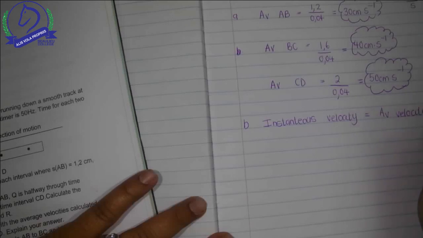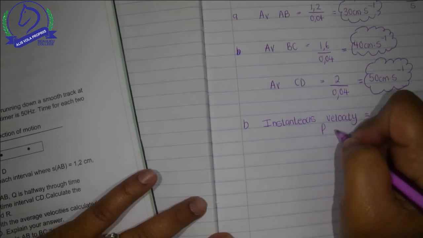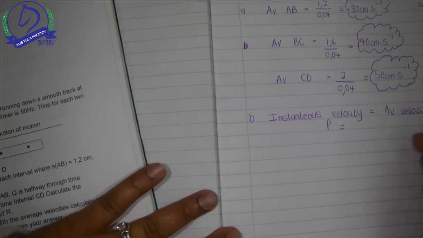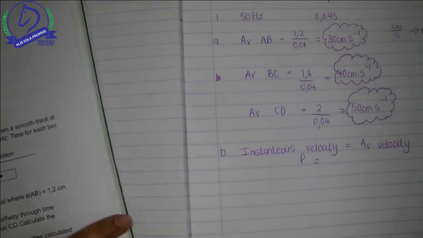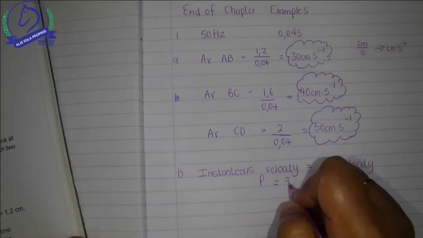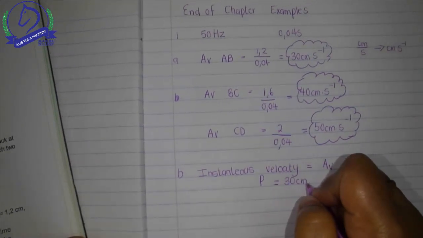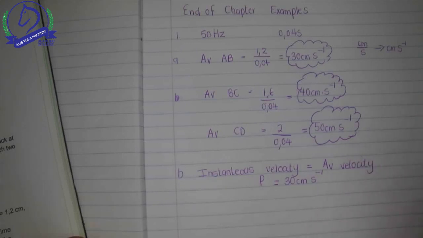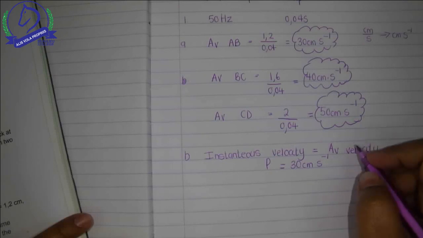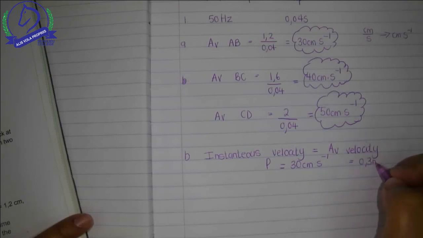So if I wanted to know what my instantaneous velocity was at P, it will equal my average velocity. So I could have said that my instantaneous velocity is 30 centimeters per second, or if I wanted to give that in meters per second, I would say it's 0,3 meters per second.